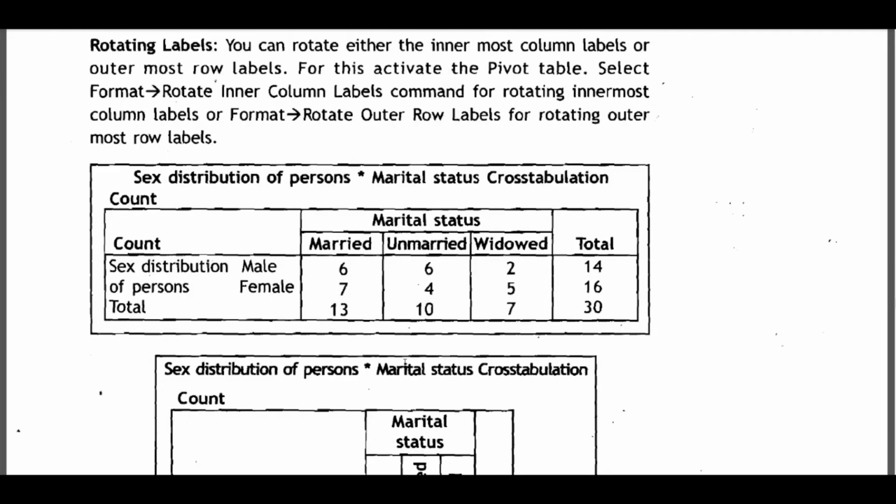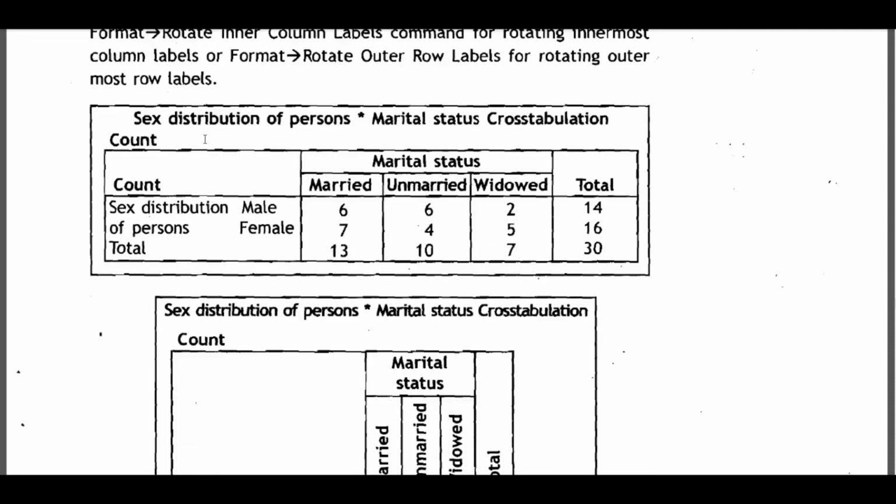Rotating labels. You can rotate either the innermost column labels or the outermost row labels. For this, activate the pivot table, select the format rotate inner column labels command for rotating innermost column labels, or format rotate outer row labels for rotating outermost row labels.